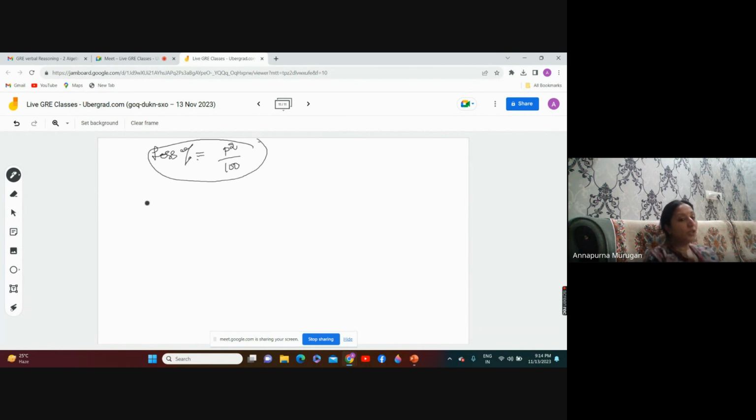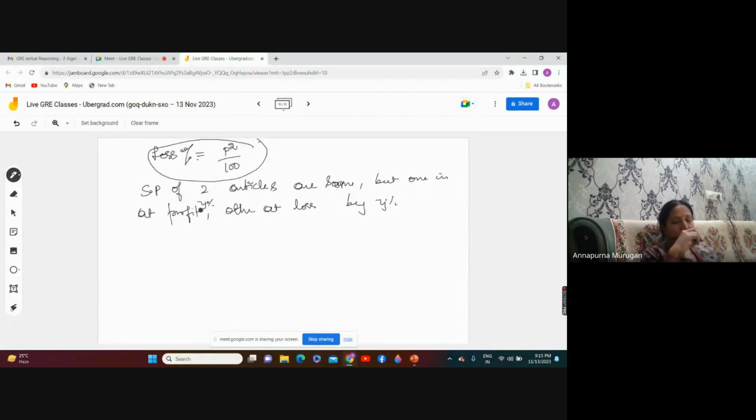So whenever the selling prices of two articles are the same, but one is at profit and the other at loss by Y%, I'm not saying the cost price is the same.